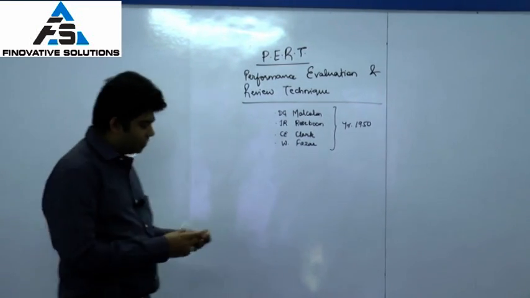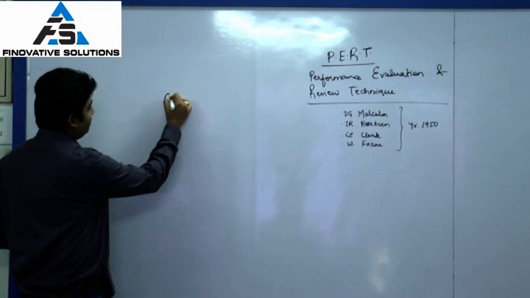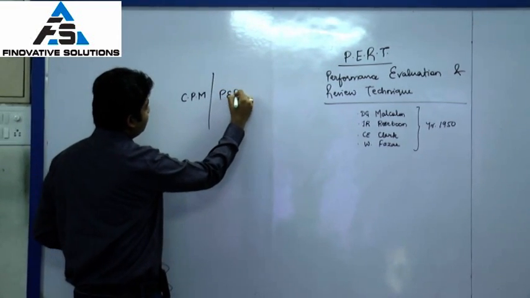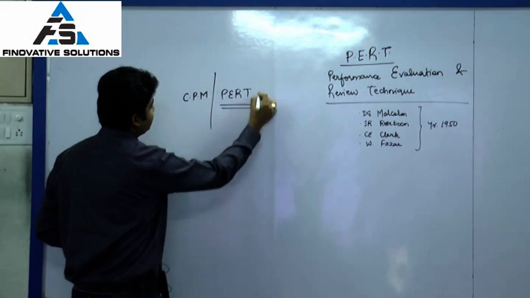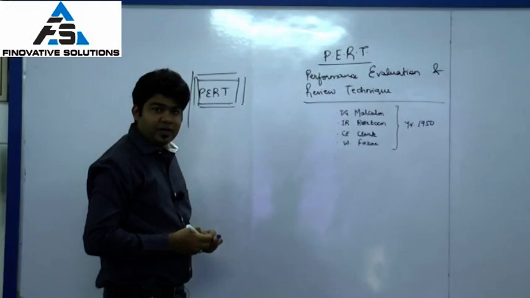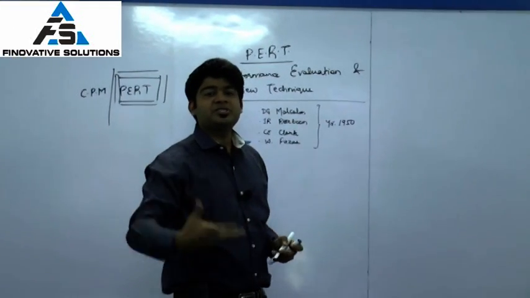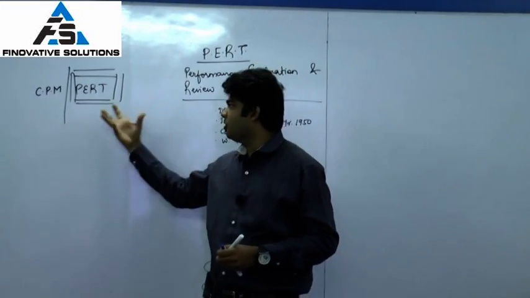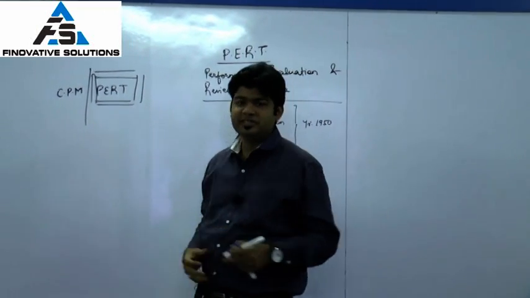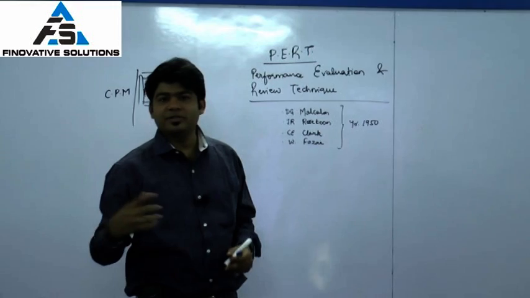So we have understood something called CPM, critical path method. Now we are moving on to PERT, performance evaluation review technique. When I speak of CPM, it is a deterministic model, whereas when I speak of PERT, it is a probabilistic model. So what is the difference between deterministic and probabilistic model?